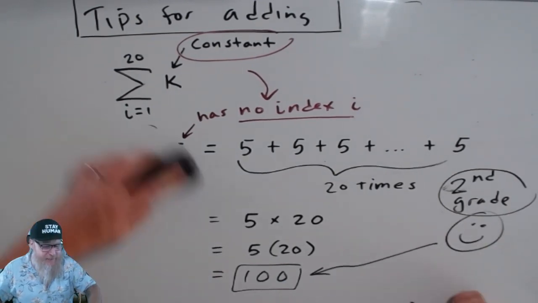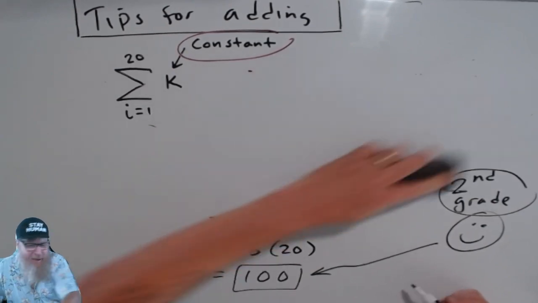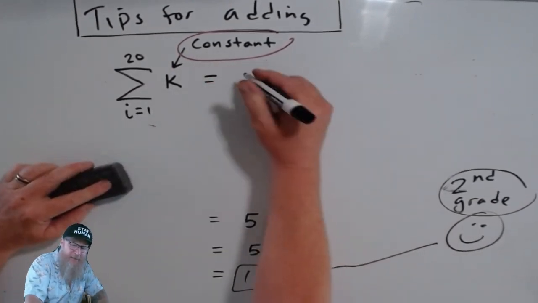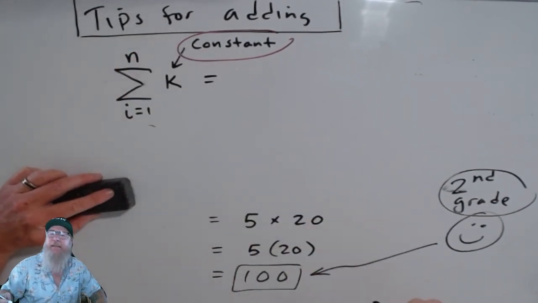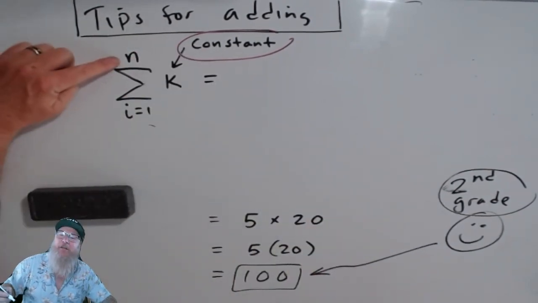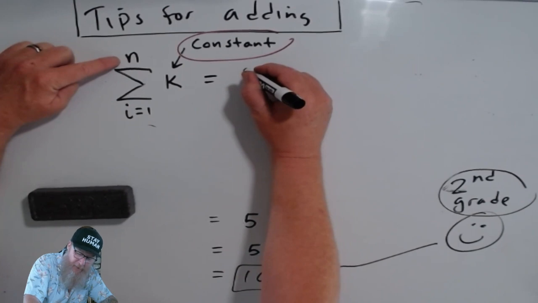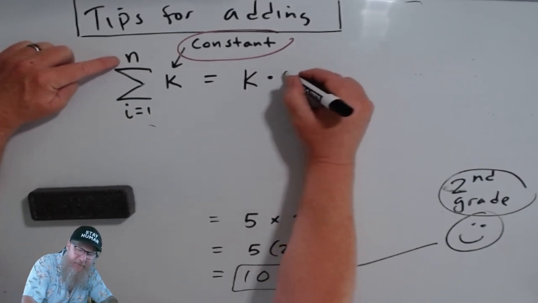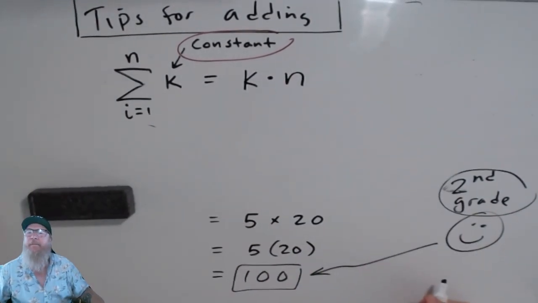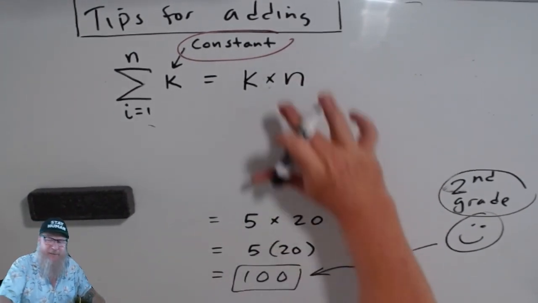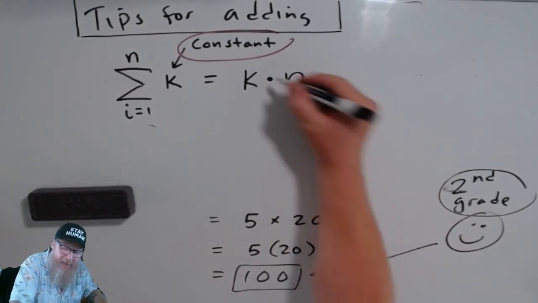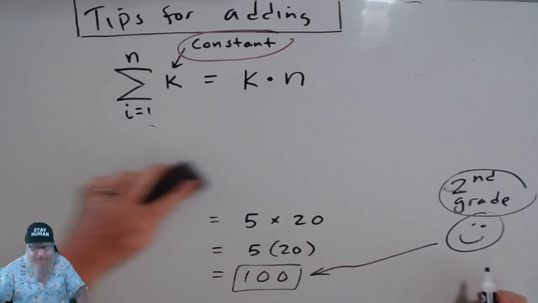So no matter what the constant is, if you add from 1 to n, it doesn't have to be 20, it's just going to be k times n. Or you could use an x if you like. It's pretty dangerous because there might be x's in the problem, so either use a dot or parentheses or something like that.